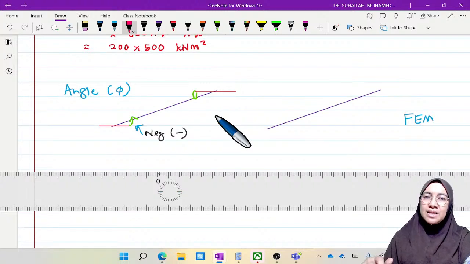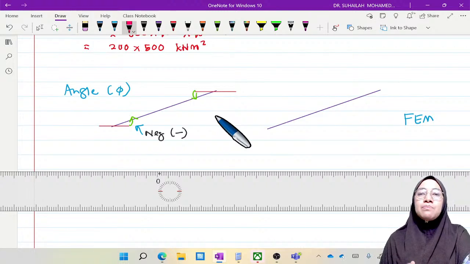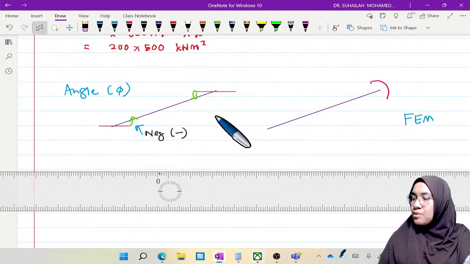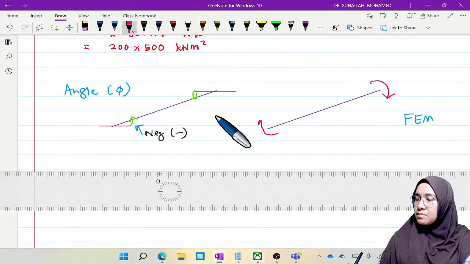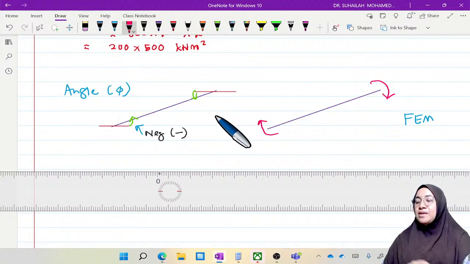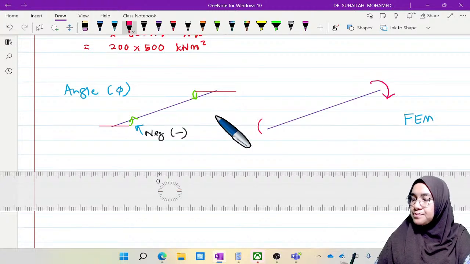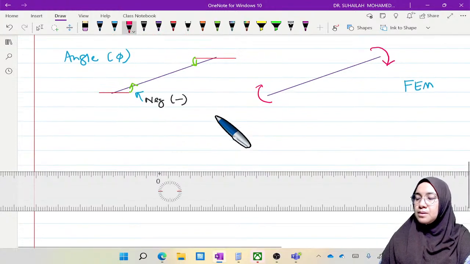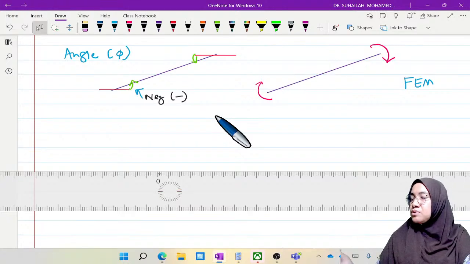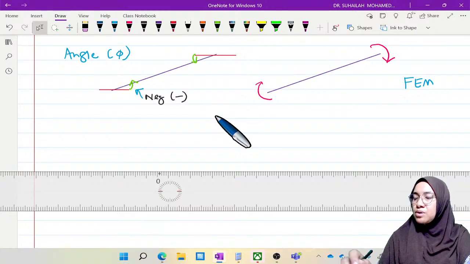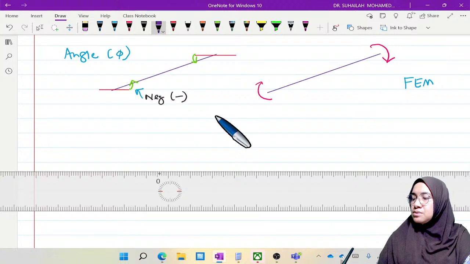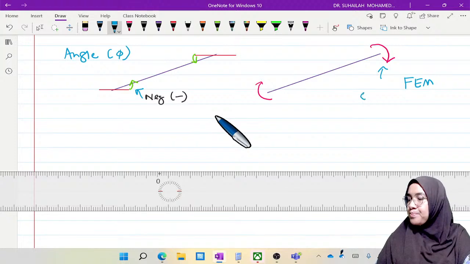If the angle is negative, FEM is positive. So this represents positive FEM.